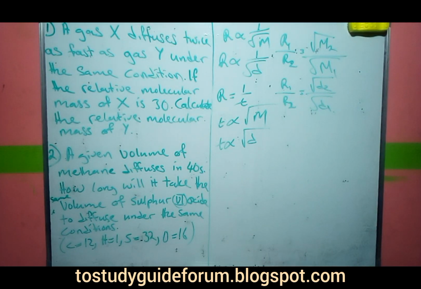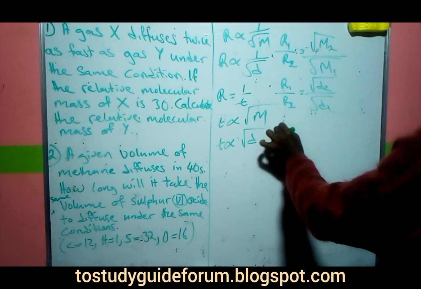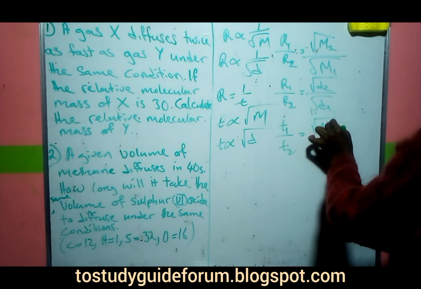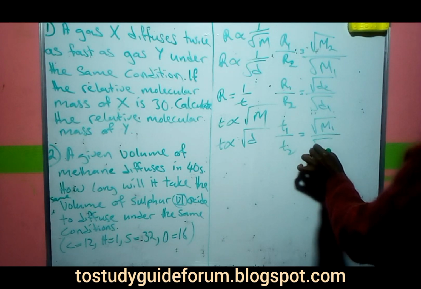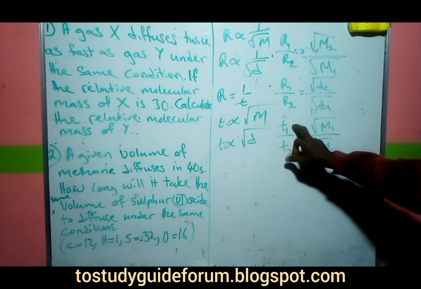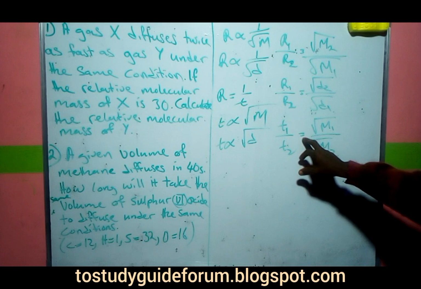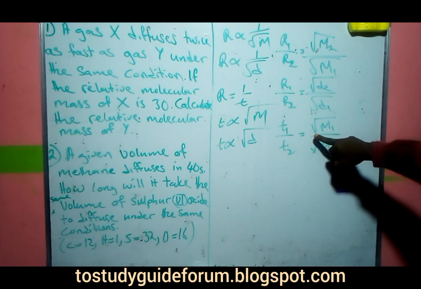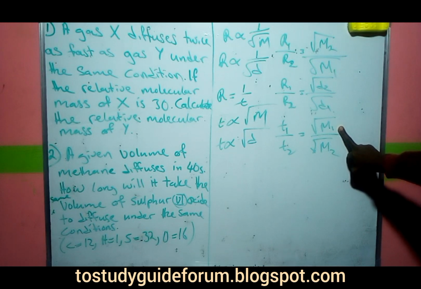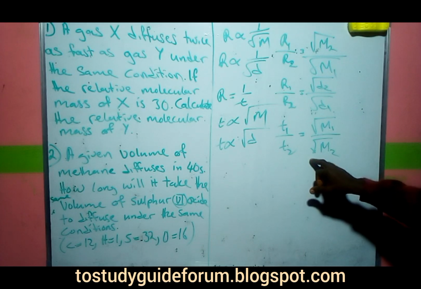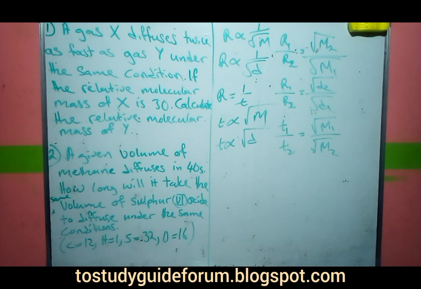So when we are dealing with time, that is time T1 over T2 is equal to the square root of the relative molecular mass of gas 1 all over the square root of the relative molecular mass of gas 2.